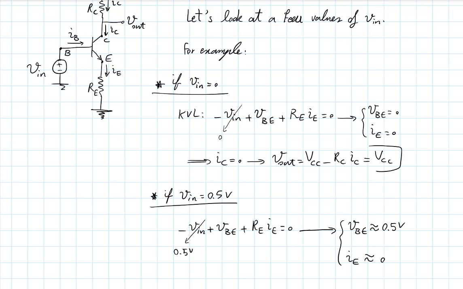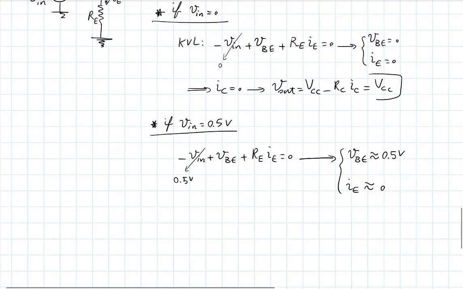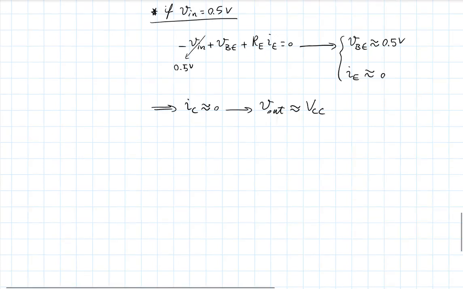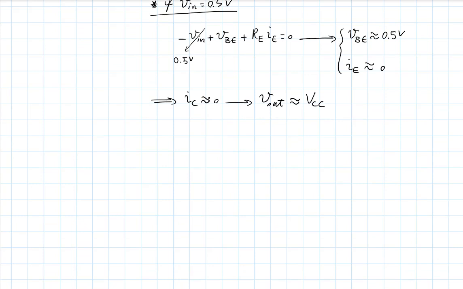It will allow a very, very small current, but we said approximately 0. IC is also a very small current, almost the same as IE, and that's approximately 0. And so V out is still more or less VCC. Not quite, but almost. And this keeps continuing until V in reaches 0.7 volts.